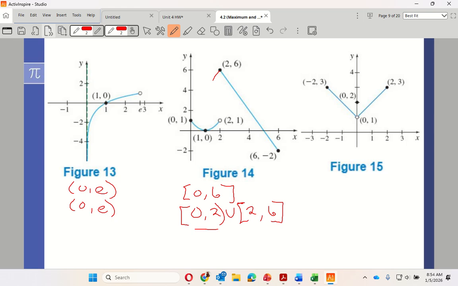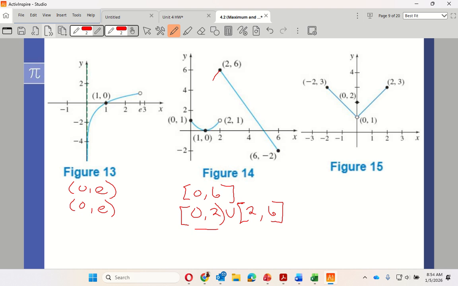What would the local minimum and maximum be? Actually, okay, good thing I'm checking my notes on this.